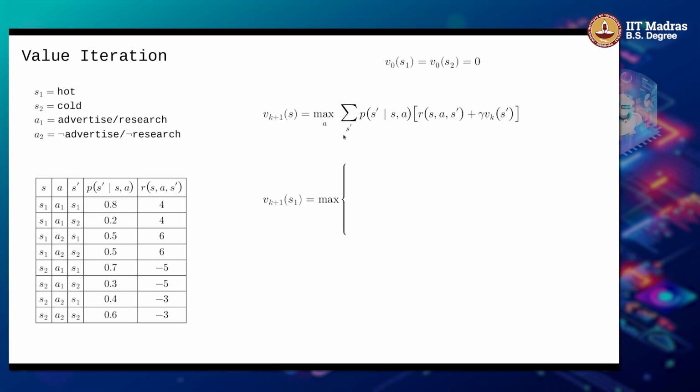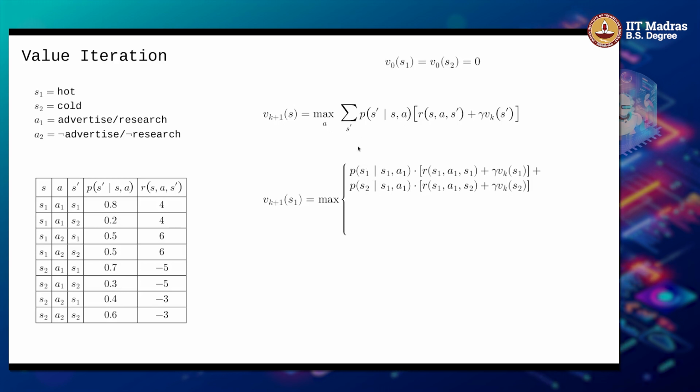What is this expression we have here? It's a summation over all possible next states. What are the possible next states? You have two possible next states, so it becomes this summation over S1, S2. That's what the first term is, and the second term is the transition probability P of S1 given S1 comma A. The top one is: if you are in state S1 and you take action A1, you go back to S1.